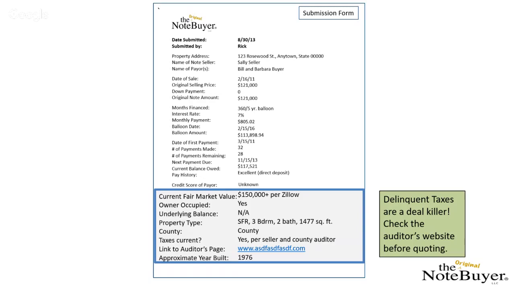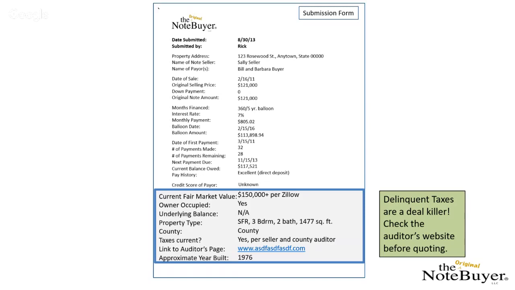Now, some people say, well, the note seller says that they'll bring the taxes current, or they'll pay the taxes out of their proceeds. Unfortunately, that's not going to work, because one of the reasons that we don't want to buy it if the taxes are in default is because that's a pretty good indication that that payor is on shaky ground.